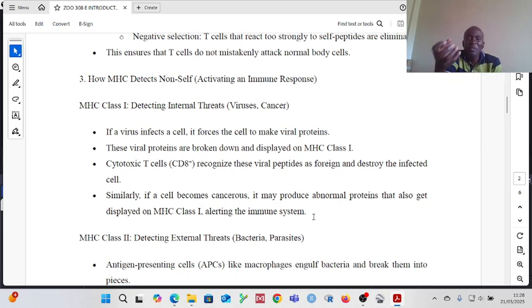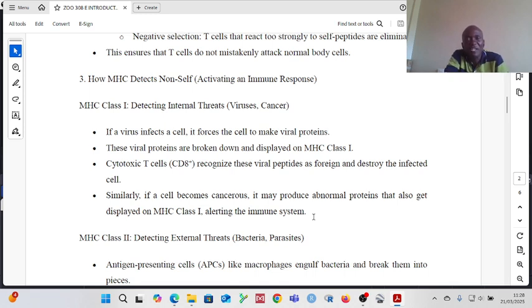So the proteins being produced by that cell, as they are being broken down, will be displayed by the MHC class 1 on the outside of that cell. So the cytotoxic T cells, or the CD8, will now be able to recognize the peptides on the outside of the cell because they are viral. There is a virus inside this cell.